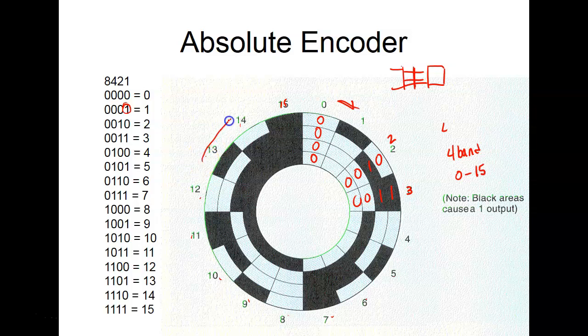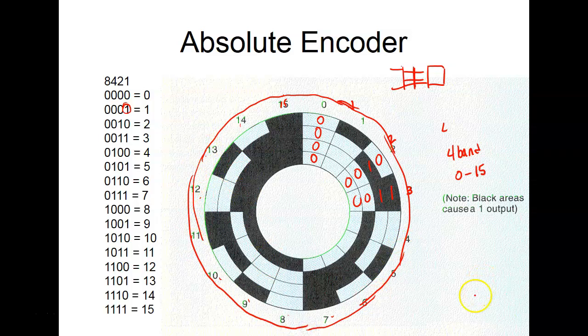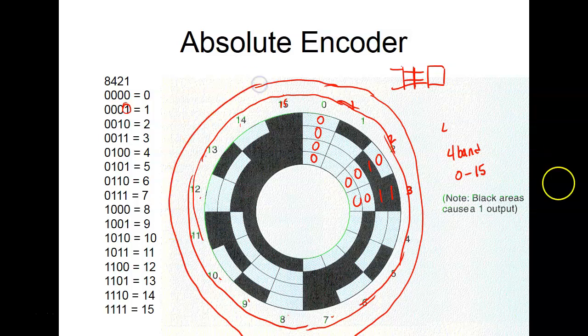I'd have to add another band. I'm sorry, 16. I'd have to add another band. I'm sorry, 32 would be another band. And if I wanted to do 64, I'd have to add another band, right? You understand? Yes or no? Yeah, powers of 2. So every band we add doubles the number of counts available to us.